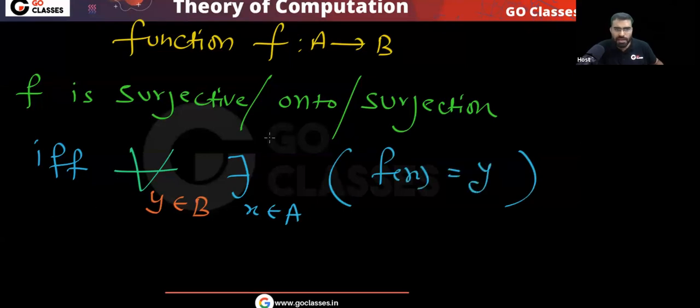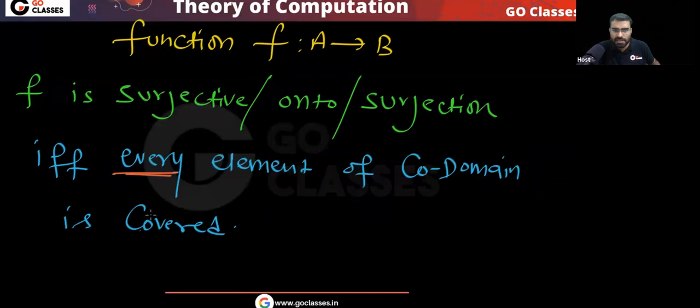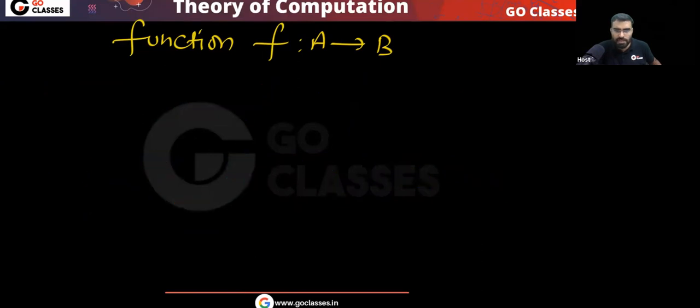Whatever element you take in the codomain, there must be some element of the domain which maps to y. Or I can simply say that every element of the codomain must be covered.